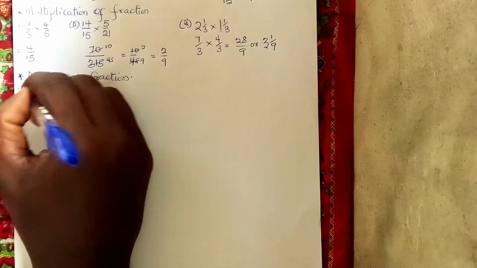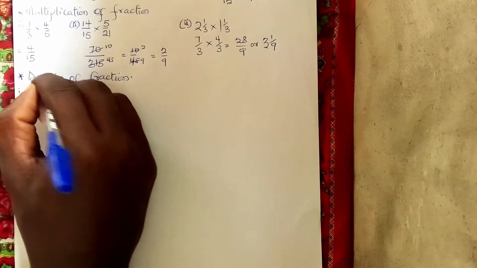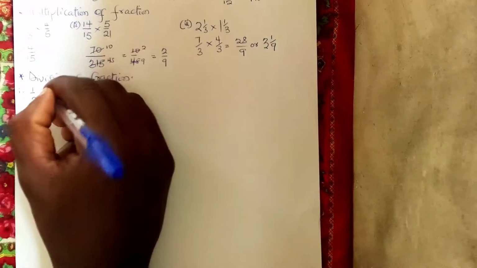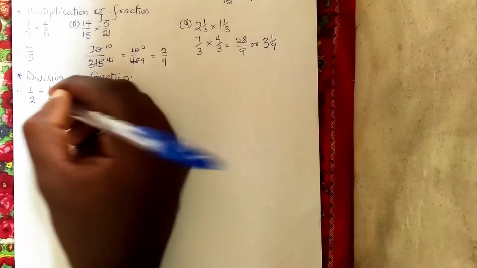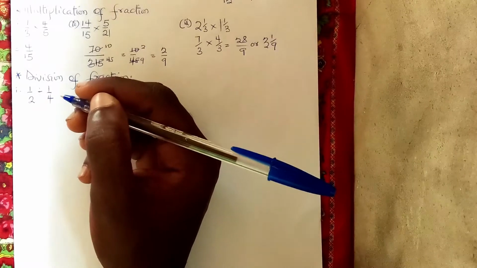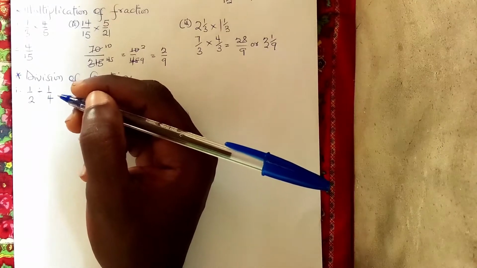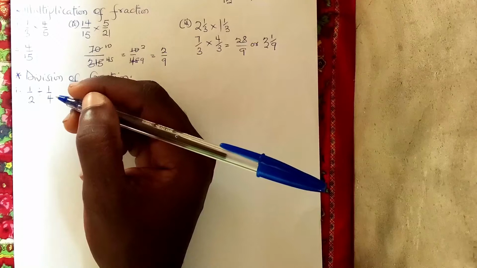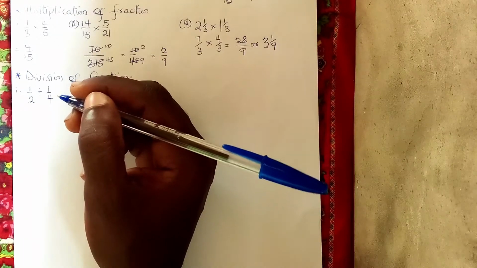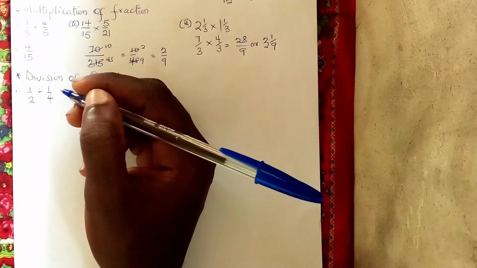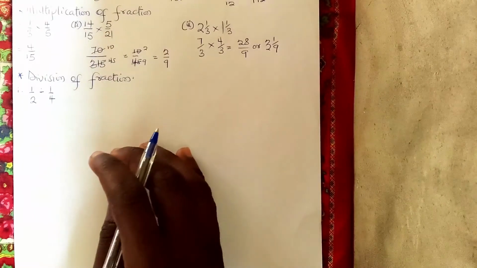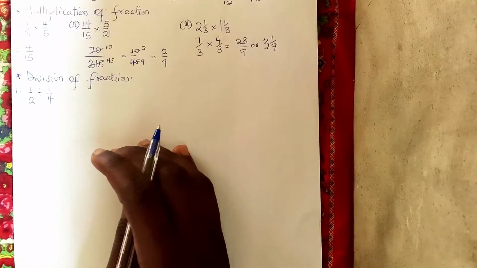We have 1 over 2 divided by 1 over 4. In dividing fractions, the first thing you do is change the division symbol into multiplication. In changing the division symbol into multiplication, you have to reciprocate the fraction on your right.